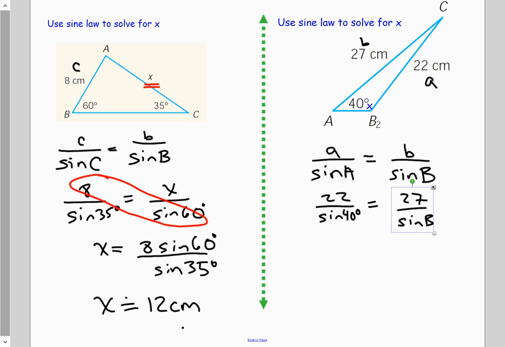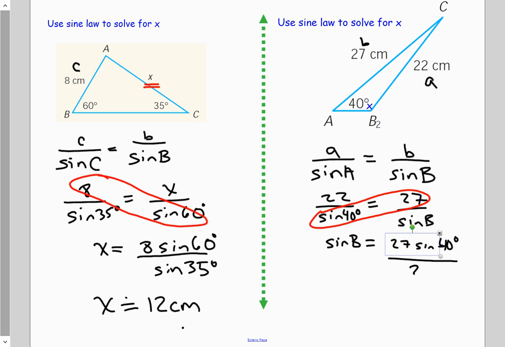Okay, now we're going to cross multiply again. So the variable, or the unknown, is sine B. We'll keep that together, and we will cross multiply these two and divide by 22. So it'll be 27 sine 40 divided by 22.